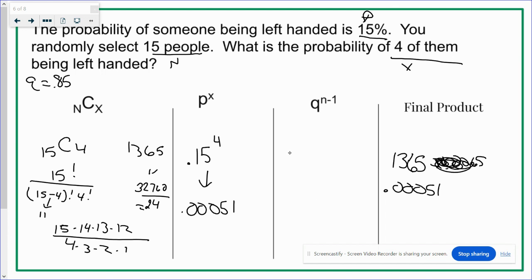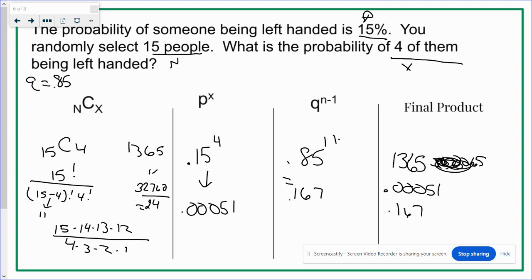All right, and now let's do our Q, 0.85 raised to 15 minus 4 is 11. This is going to be a very small number. All right, 0.16734. Well, we're going to keep that at 0.167.